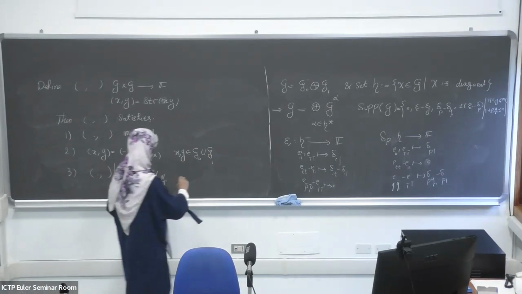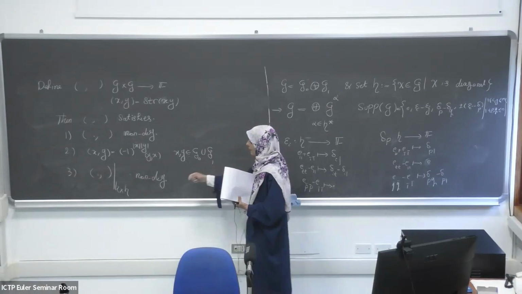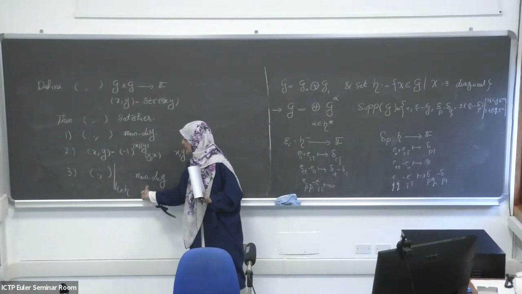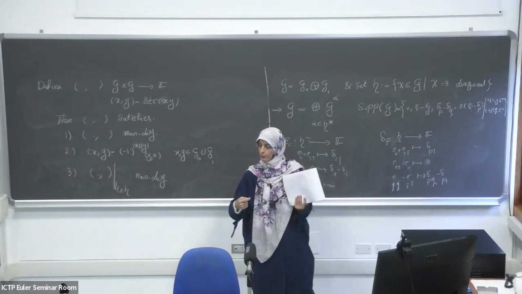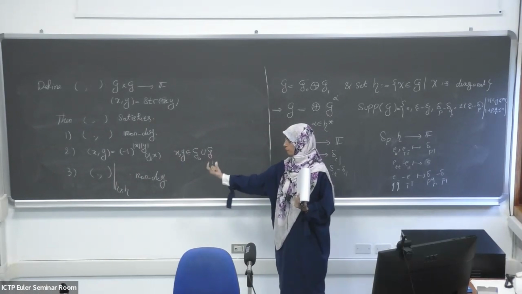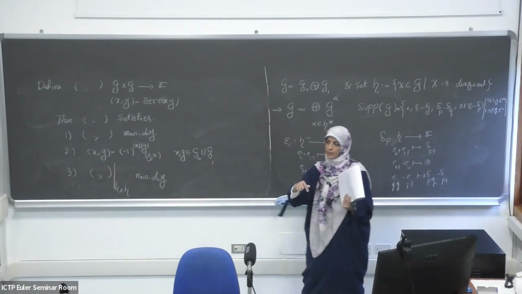And again, as we have a non-degenerate bilinear form on H, and H is finite dimensional, we can transfer the form on H to a form on H star.